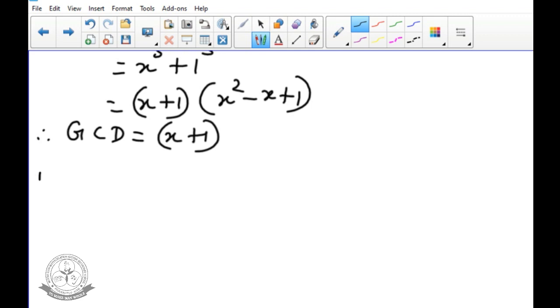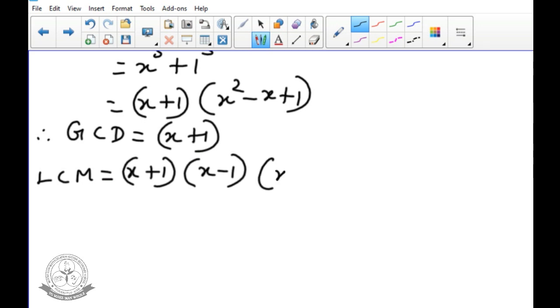Next we have to select the LCM. LCM means we select the common term and the non-common terms. So x plus 1 is common, then x minus 1 is not common, that you also have to take. Next the remaining terms: x square plus x plus 1 into x square minus x plus 1.